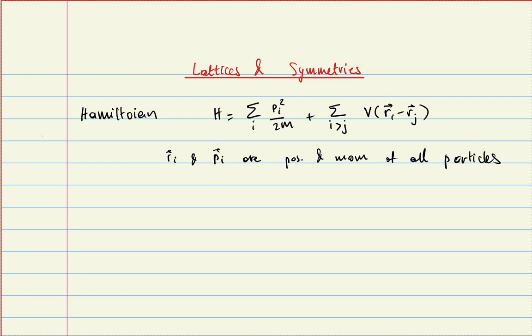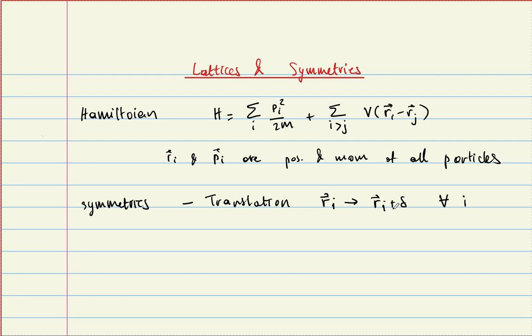Good. So what are the symmetries of this thing? First, there is translational symmetry, right? If you look at the Hamiltonian under translation, each R_i you can take to R_i plus delta, for all i, for all particles.